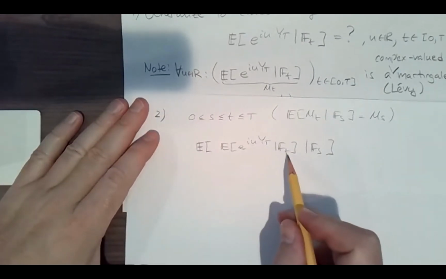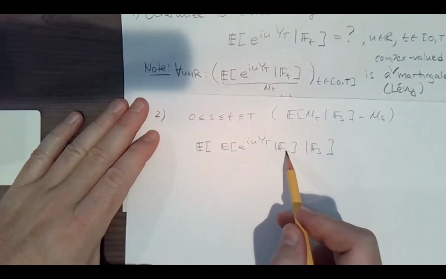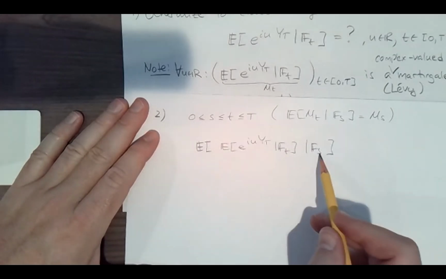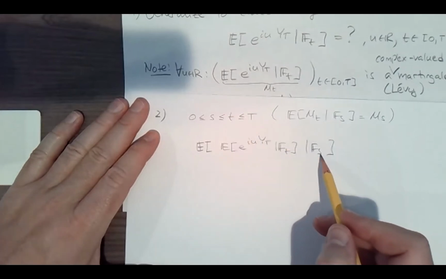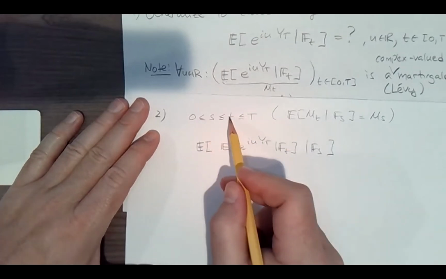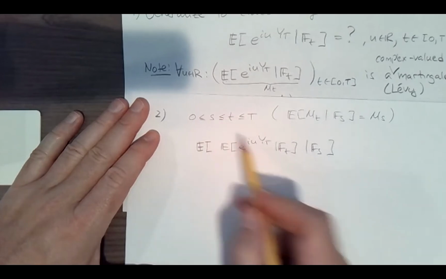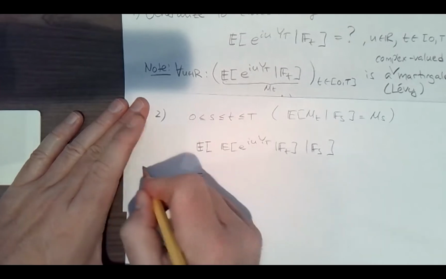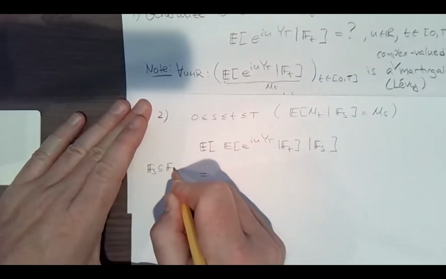So now I have two conditional expectations next to each other. I have F capital T, that's at the later time. I have F little t, that's at the later time. F_s is earlier than F_t, earlier than t. So F_s here is inside F_t. So F_s is a sub-sigma algebra of F_t.